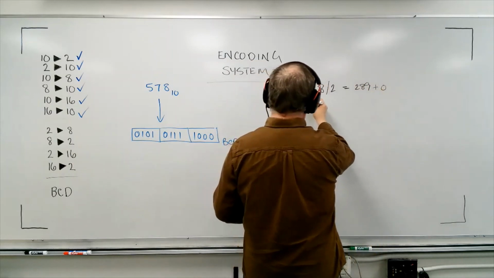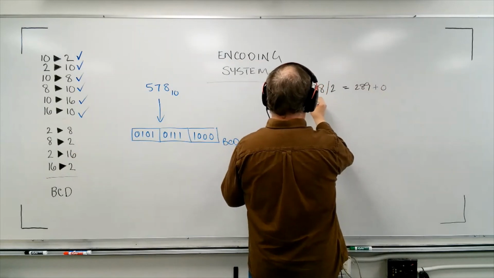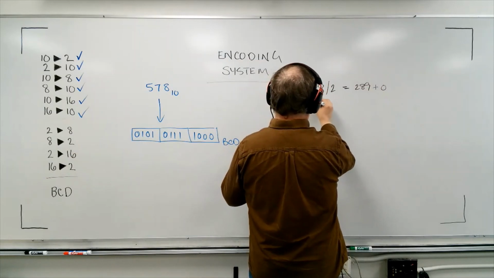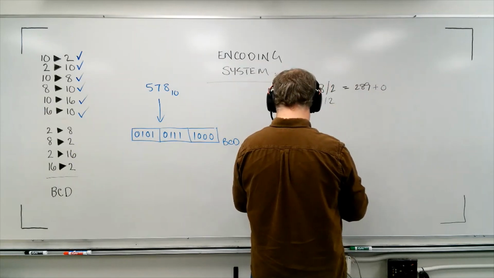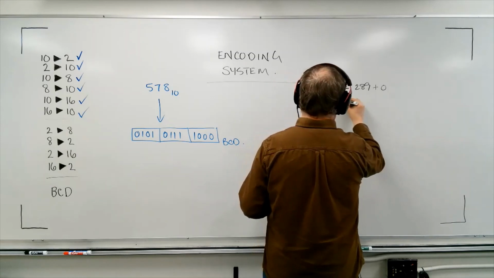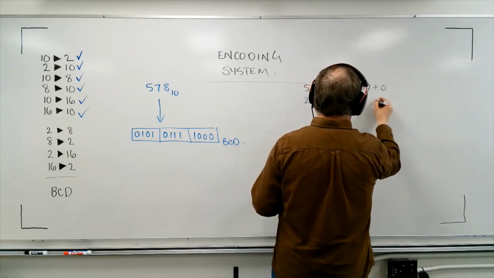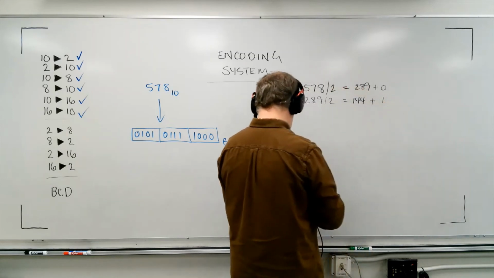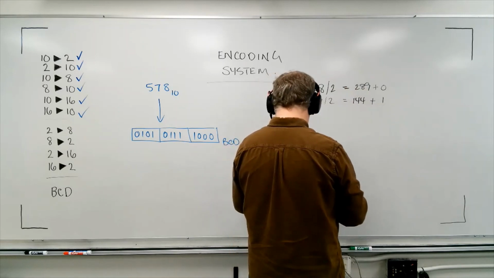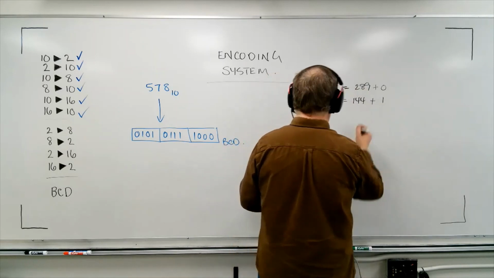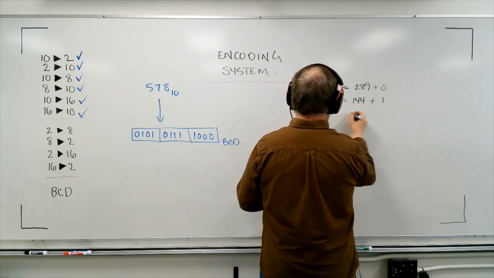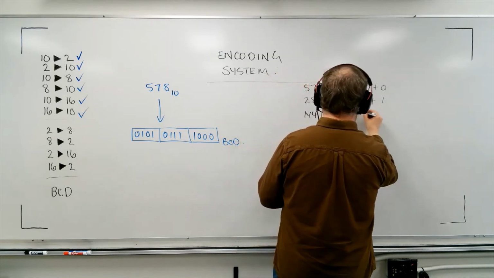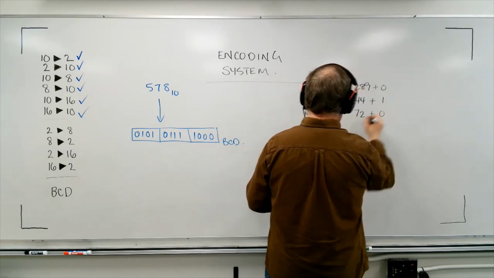Then I'm going to go with 289 divided by 2 equals 144 plus 1. Okay, and then 144 divided by 2 equals 72 plus 0.